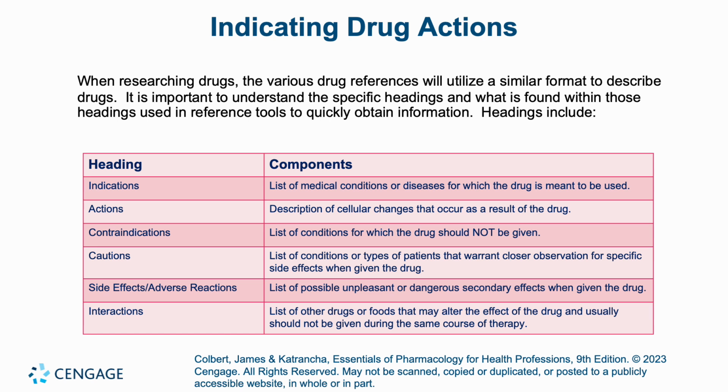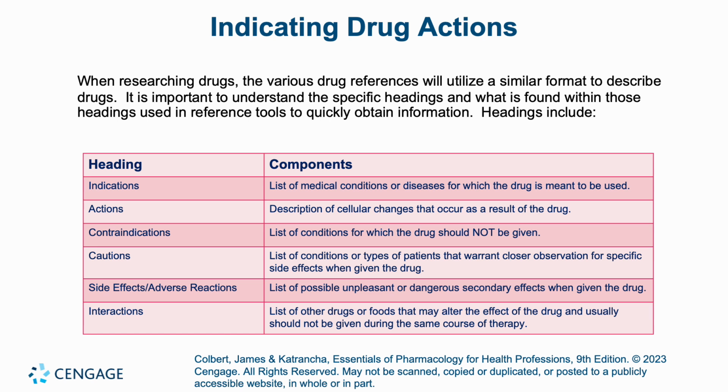Indicating drug actions. When researching drugs, the various drug references will utilize a similar format to describe drugs. It's important to understand the specific headings and what's found within the headings used in reference tools to quickly obtain information. Headings usually include indications, actions, contraindications, cautions, side effects / adverse reactions, and interactions.